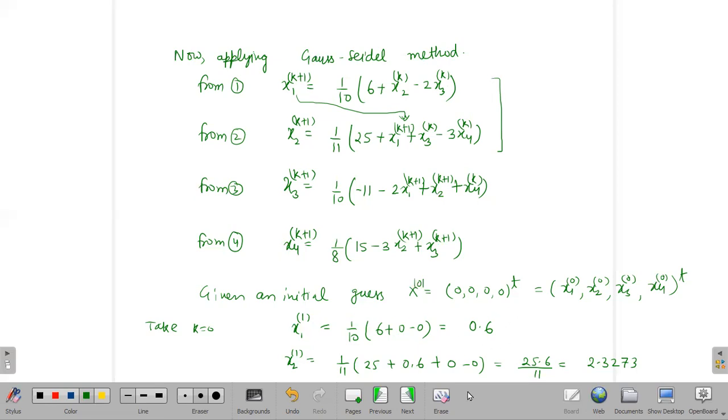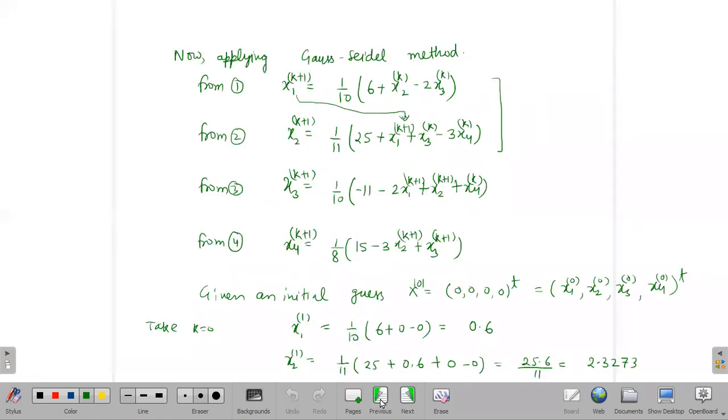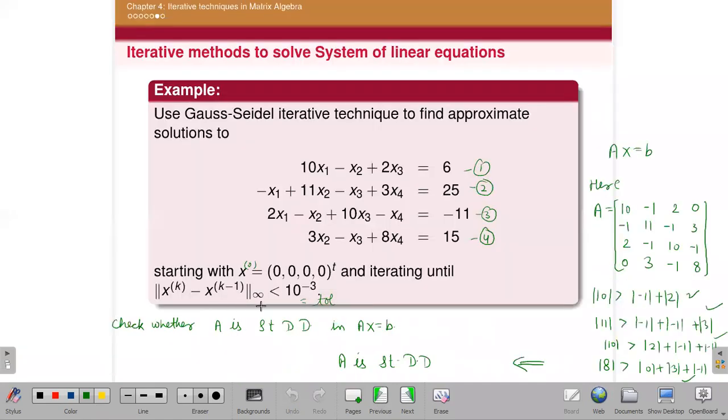After finding the first iteration, no need to check its difference with the initial guess. Then find the second iteration. After finding the second iteration, you check the difference of x2 minus x1, because you have to iterate until this is achieved.